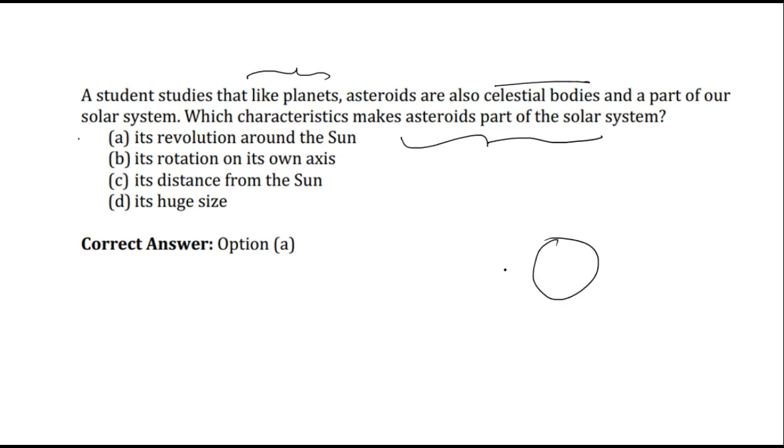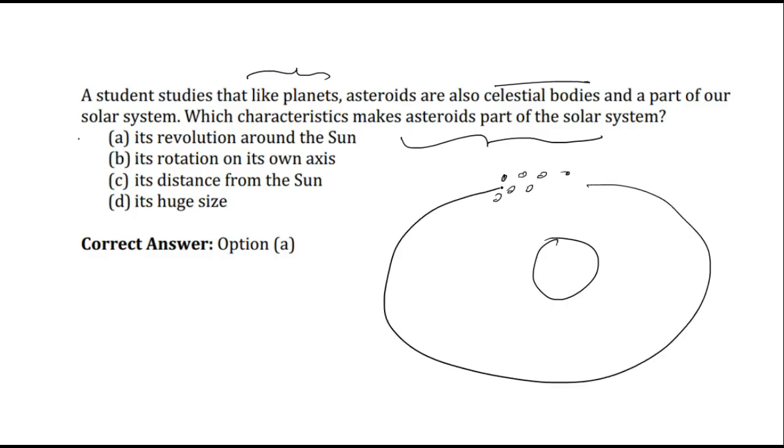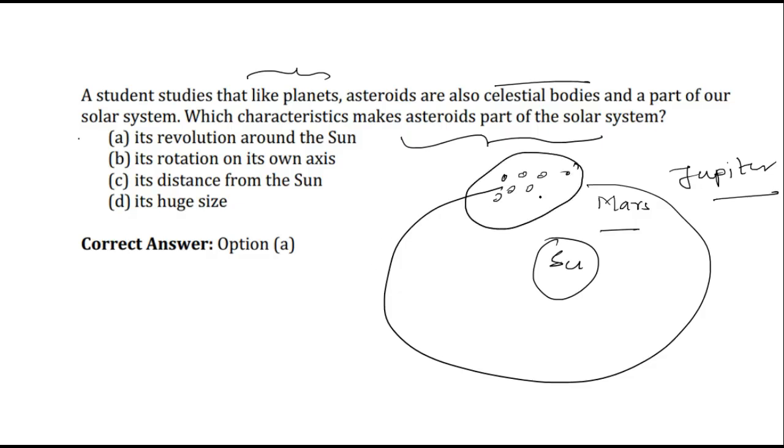Asteroids are small objects which are revolving around the Sun between planet Mars and Jupiter. There are millions of asteroids moving around. And why are they included in the solar system? Because they revolve around the Sun. All those celestial bodies which are revolving around the Sun are called members of the solar system.